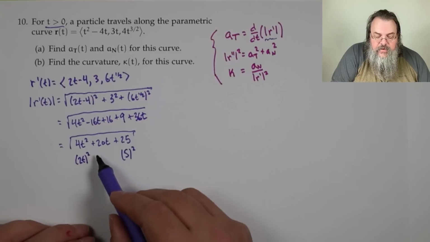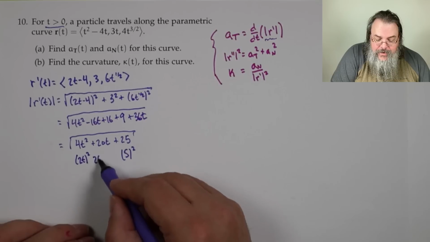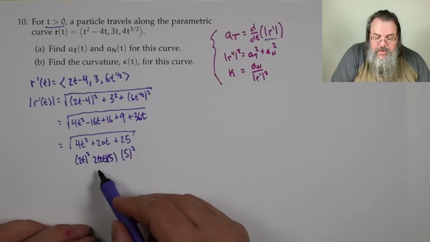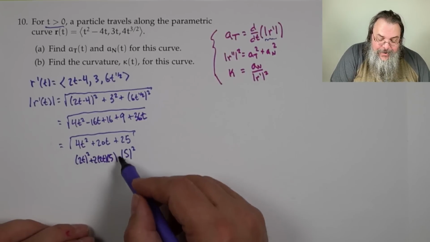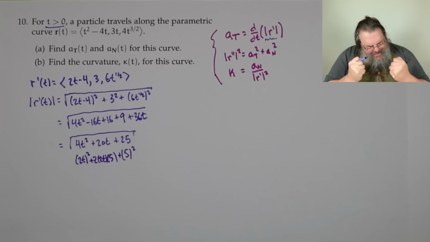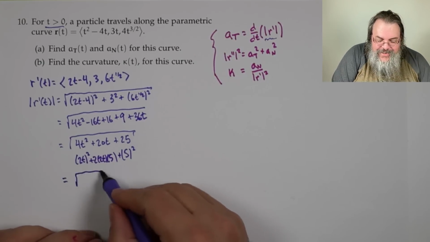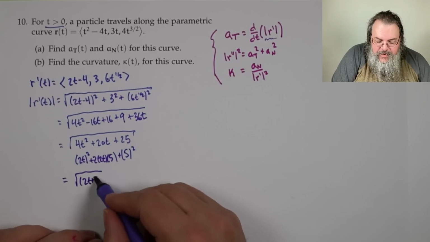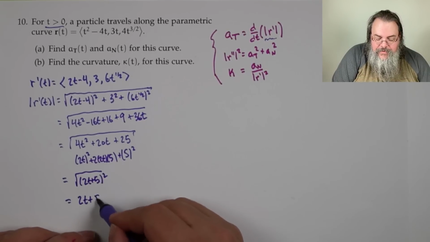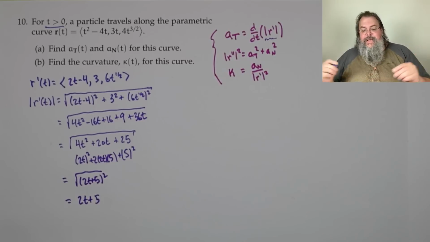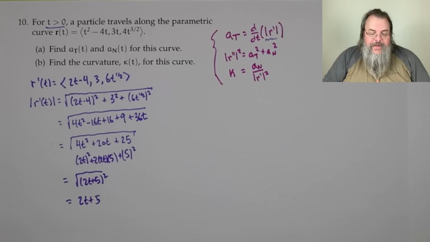Does this look like 2 times 2t times 5? That would have to be 20t. That is what it is. Oh my gosh, yes! So this is the square root of (2t plus 5) squared, or 2t plus 5. Good.